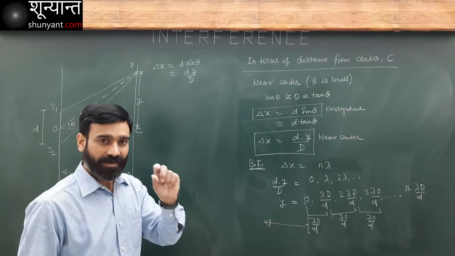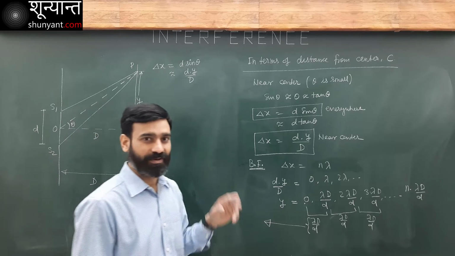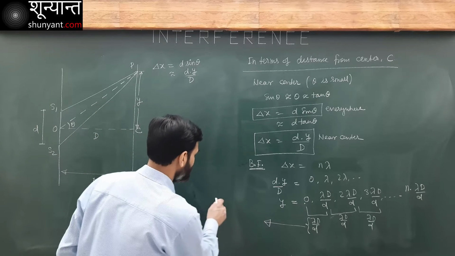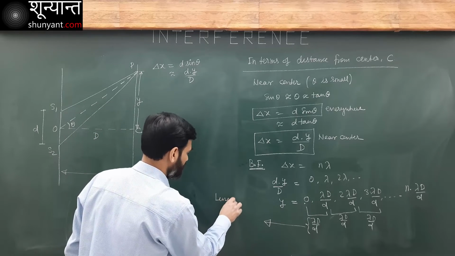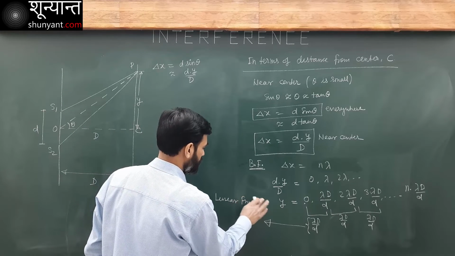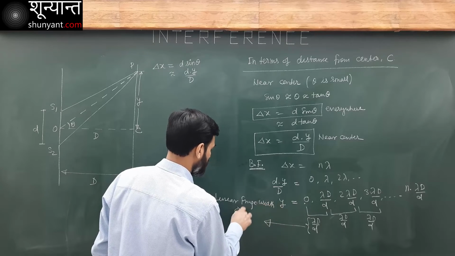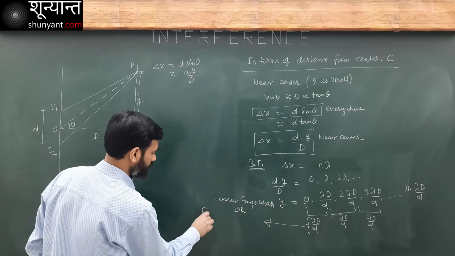This is the linear distance between two consecutive bright fringes. It is known as linear fringe width, or only fringe width.